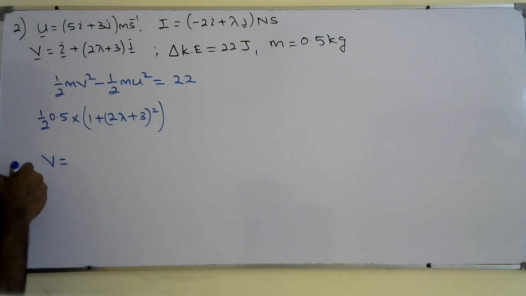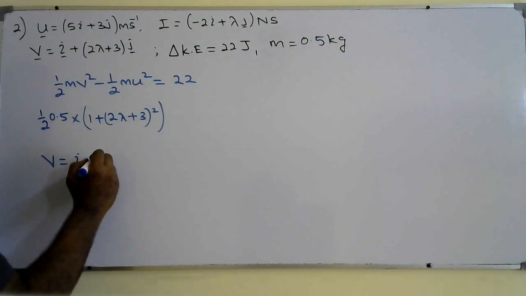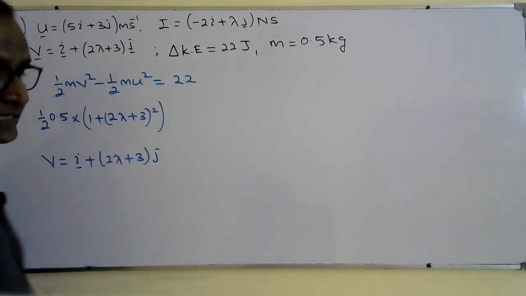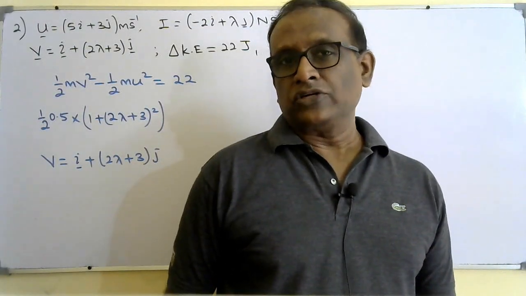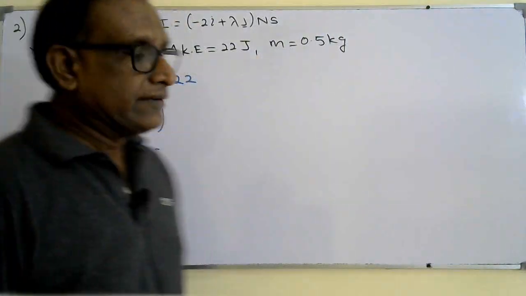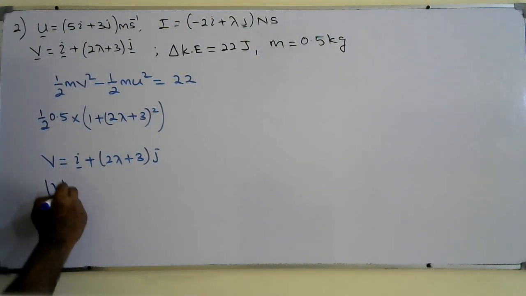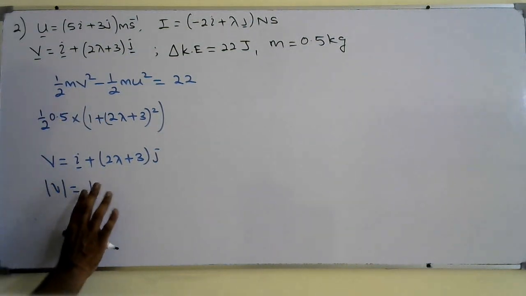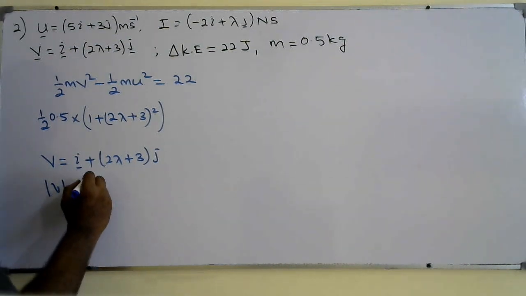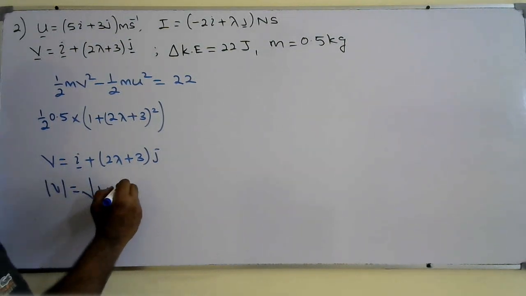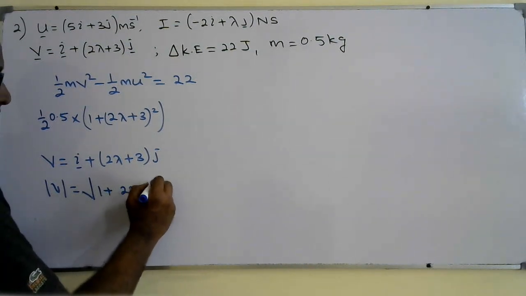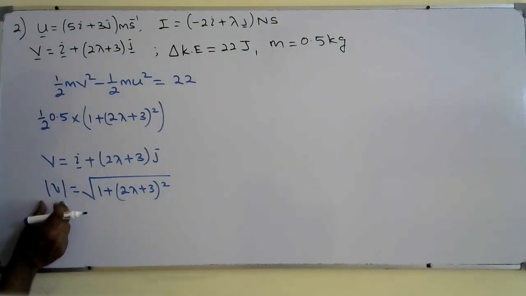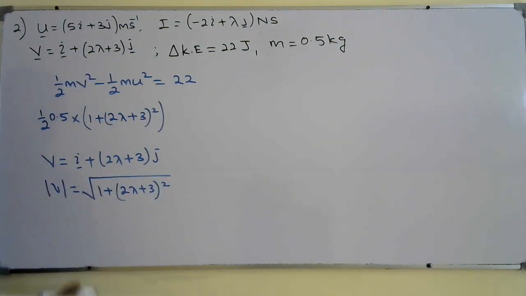V is given as i plus (2 lambda plus 3)j. That is ai plus bj format. Normally the magnitude is given by the square root of a squared plus b squared. Here we want the square of the magnitude, so the square root is removed. So the magnitude of V squared is 1 squared plus (2 lambda plus 3) squared.